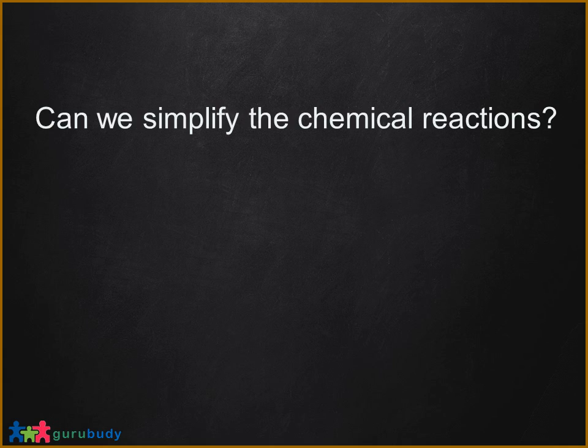How can we simplify it, so that we can explain it to different people, note it down, and look at it in a more concise way instead of drawing the picture each time? The answer is yes, we can do that with chemical equations. Next we will talk about chemical equations.